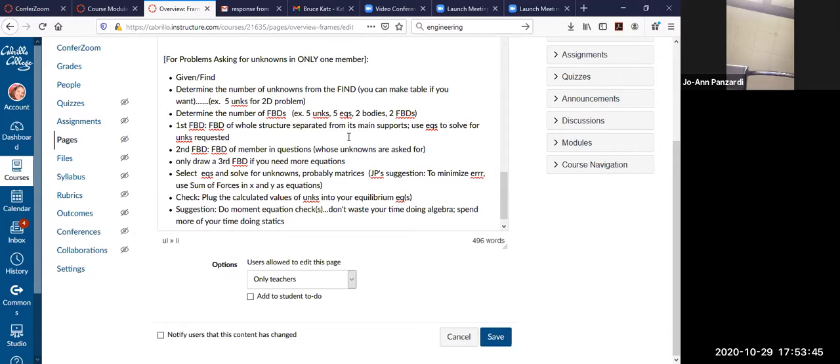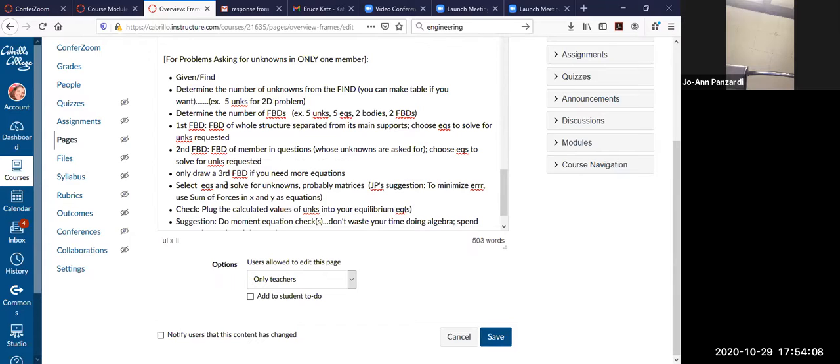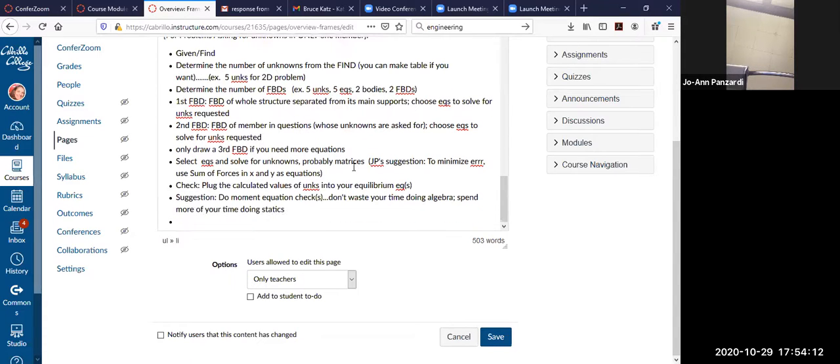So the first free body diagram is going to be the free body diagram of the whole structure, separated from its main supports, and you're going to choose equations to solve for some of the unknowns. The second free body diagram is the member in question, and then you're going to choose equations to solve for unknowns. And then only draw a third free body diagram if you need more equations.